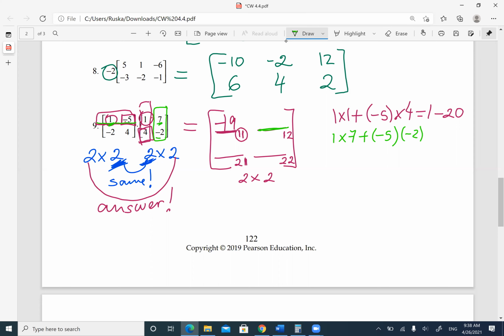Okay? So 1 times 7 plus, it's always plus, negative 5 times negative 2. If there are more, you just continue along that row, continue down that column. Okay? So when I do that, what do I have? 7 plus 10, right? Because negative times negative is positive 10. So I'm going to get 7 plus 10 is 17. Everybody so far so good?